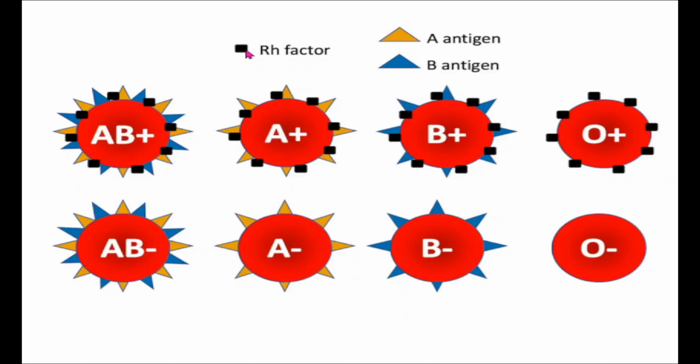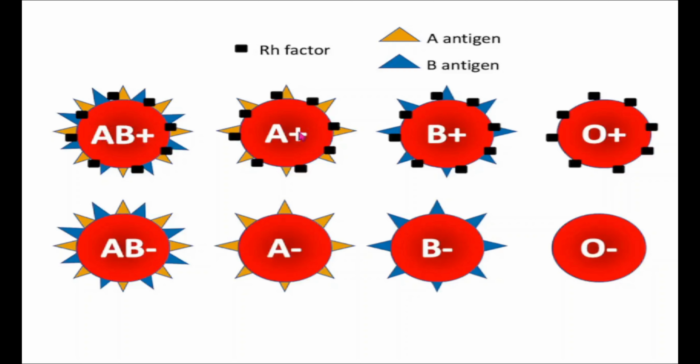Let's say this black square on the red blood cell surface is for RH factor. This yellow triangle is for A antigen and the blue triangle is B antigen. When you say a person is AB plus, there is A kind of protein, there is also B kind of protein, and there is also an RH factor, so AB plus.